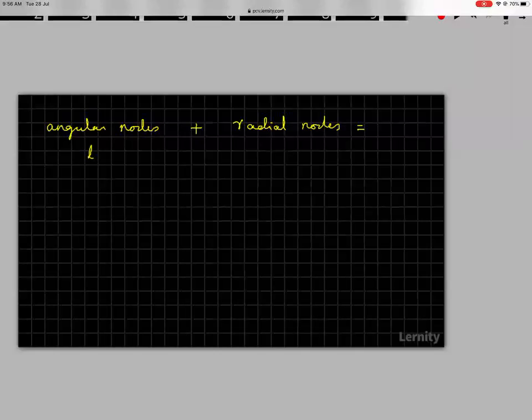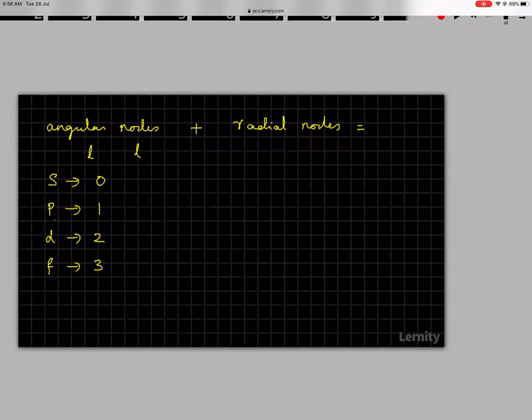Angular node is equal to L. The L value gives you the angular node. So s will have 0 angular nodes, p will have 1, d will have 2, f will have 3 angular nodes. Why? Because the L value for s is 0, for p it is 1, for d it is 2, and for f it is 3.